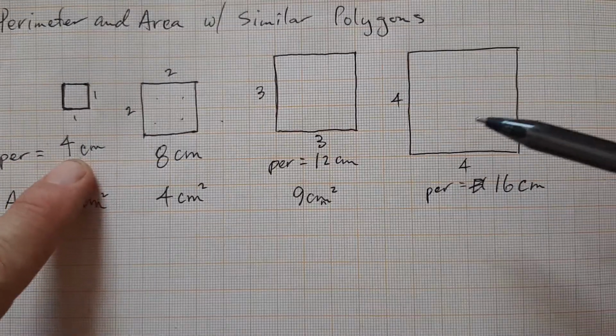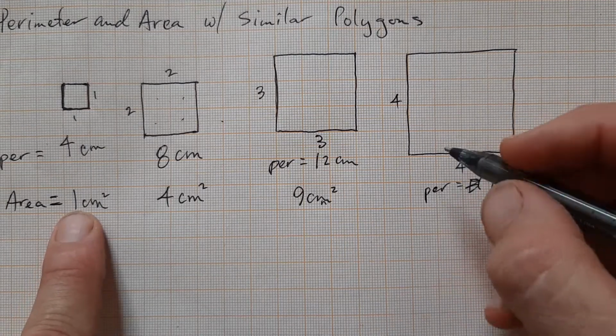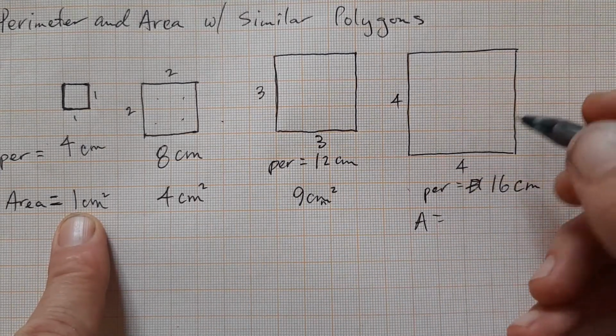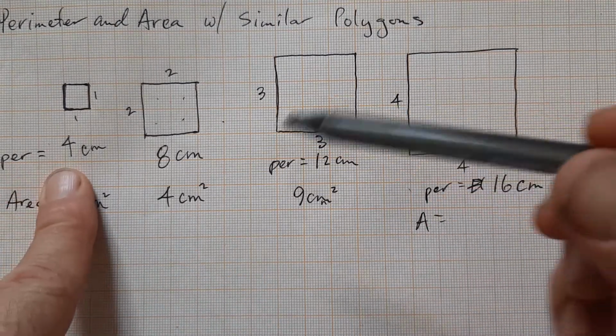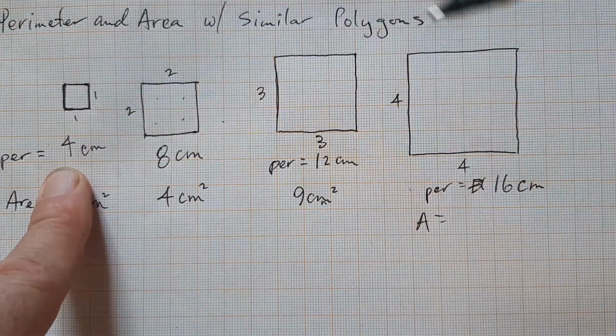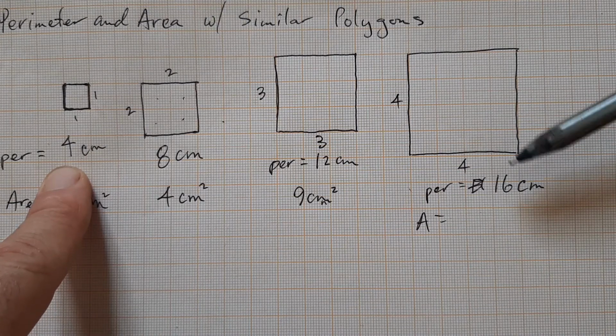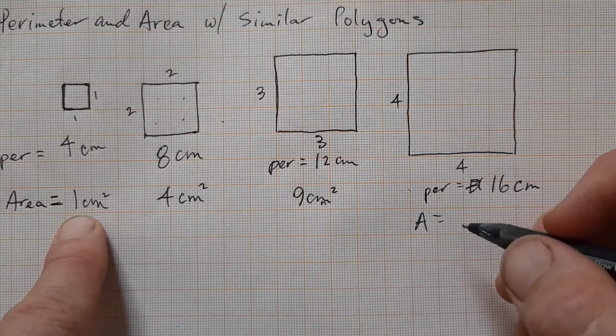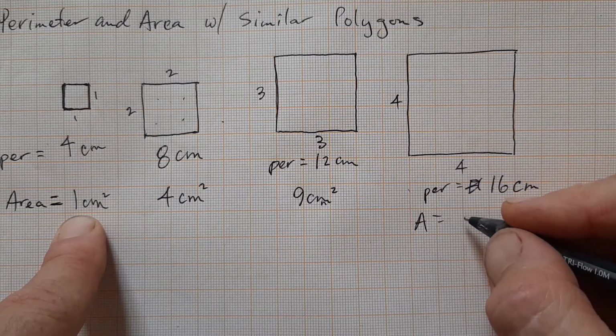Simple, just multiplying. But the area now is 4 times 4, right? There's 16 of these little squares. So when the perimeter of a similar figure increases 4-fold, the area is 1 times 4 squared.